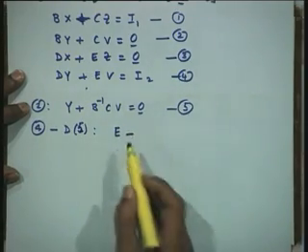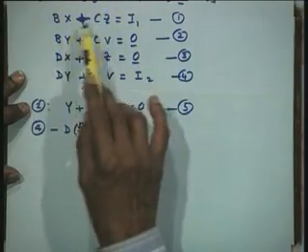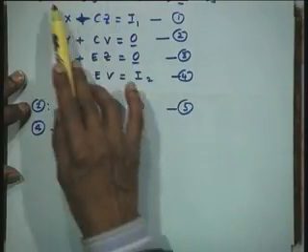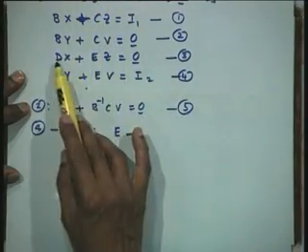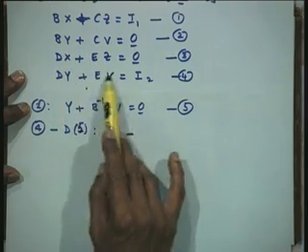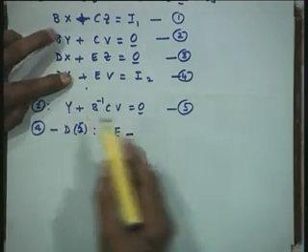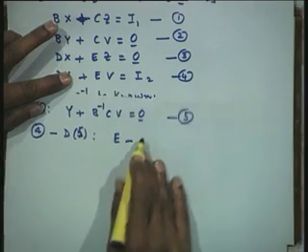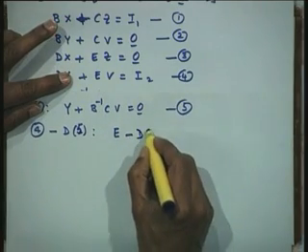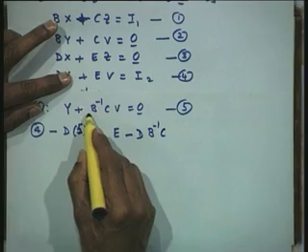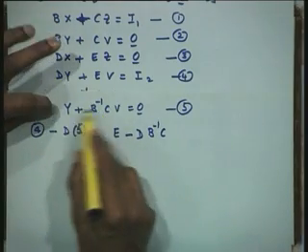We have written it correct: Bx plus Cz, By plus Cv, dx plus Ez, dy plus Ev. Now we are multiplying this by d, therefore this dy is gone. I will have E minus dB inverse C, pre-multiplied by d.